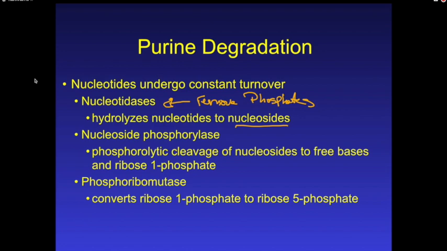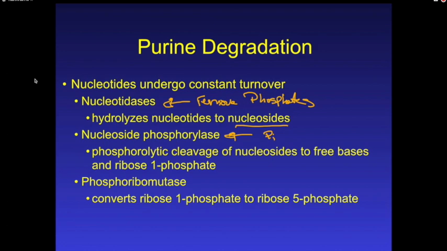removal or degradation, nucleoside phosphorylase. Now we've seen phosphorylase before, but that was in the context of glycogen phosphorylase. Here, if you remember back to the mechanism, what we had was one Pi come in as the attacking group, and the phosphate allowed the removal of one of the sugars from the glycogen chain.